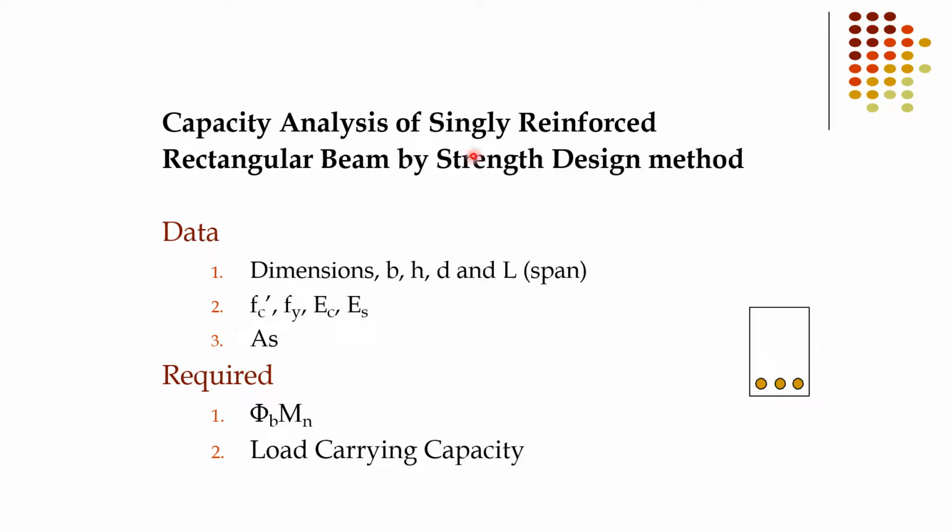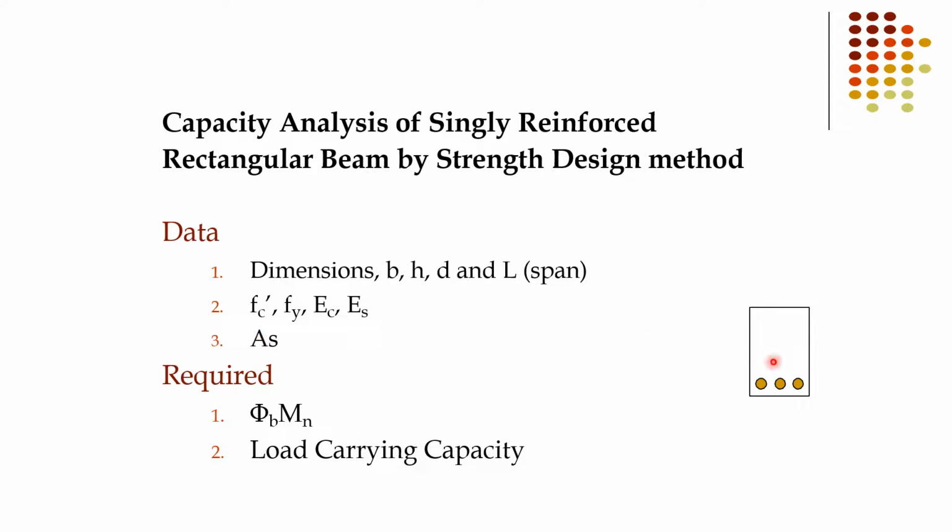So now for the singly reinforced beam, for the capacity analysis of the beam, this data will be given: dimensions, meaning width, height, effective depth, span of the beam, Fc prime concrete compressive strength, Fy steel yield strength, Ec, Es, modulus of elasticity of concrete, modulus of elasticity of steel, As area of steel.